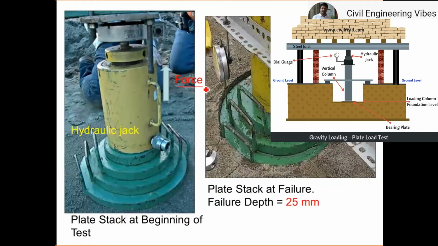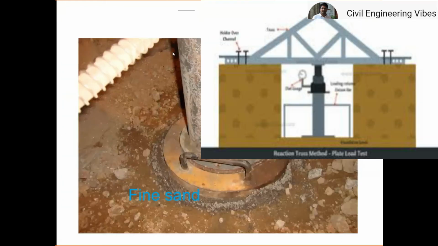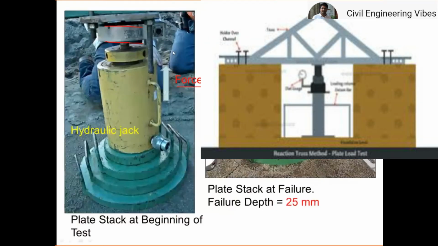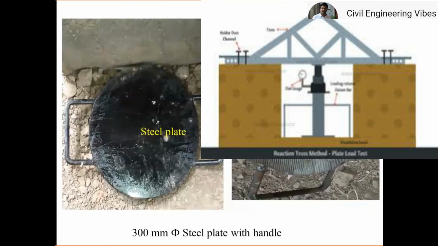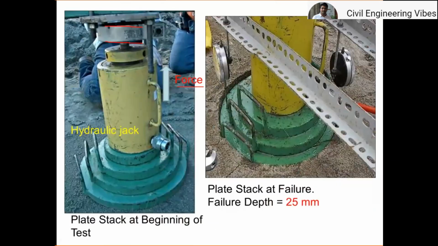The reaction to the jack is provided by means of a reaction beam. Sometimes a truss is also used instead of the reaction beam. The dial gauges are fixed diagonally on the bearing plate, in such a way that they rest on the bearing plate diagonally.